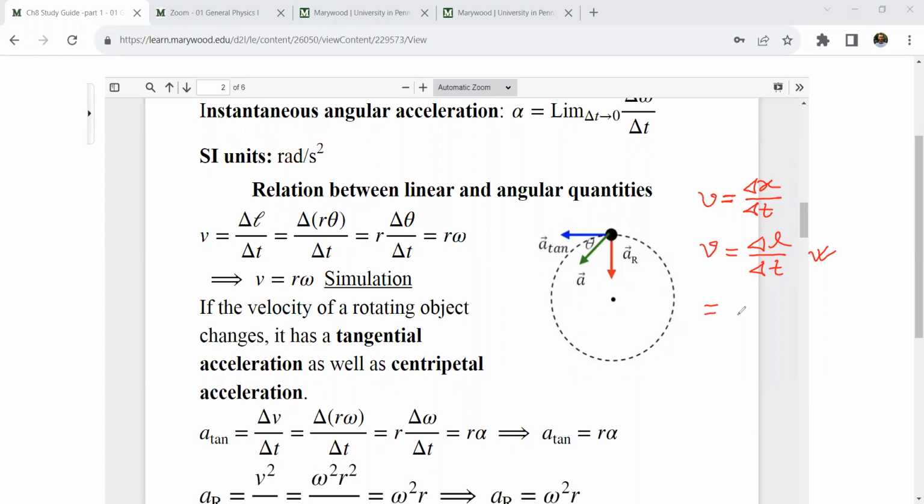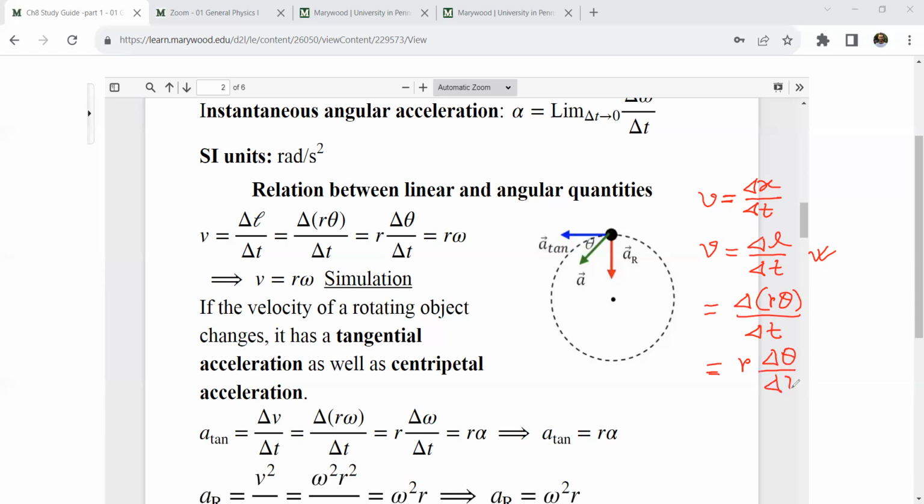Now L is r theta, right? We can write that, and r is the radius, which we cannot change, right? So because r is constant, we can take it out of the delta.